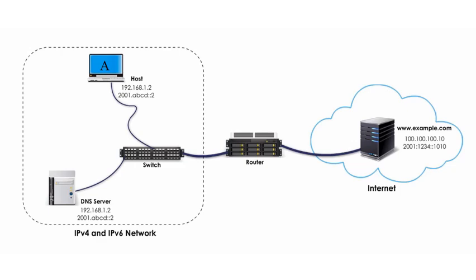Here, if a host device needs to access the server at example.com, it will first request the DNS server for communication with example.com. So here it will ask the local DNS server for all available IP addresses of example.com, that I need the IP address of example.com.